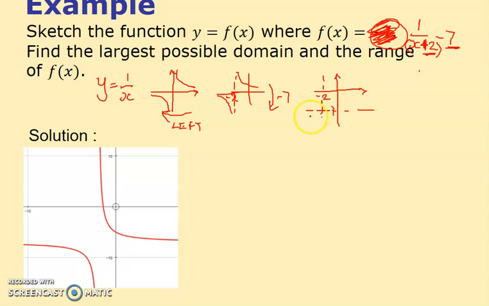Everything else stays the same. So the shape of the graph now looks like this. Getting closer, but never touching those asymptotes. And the only thing that's missing off this is the asymptote here and the asymptote here.